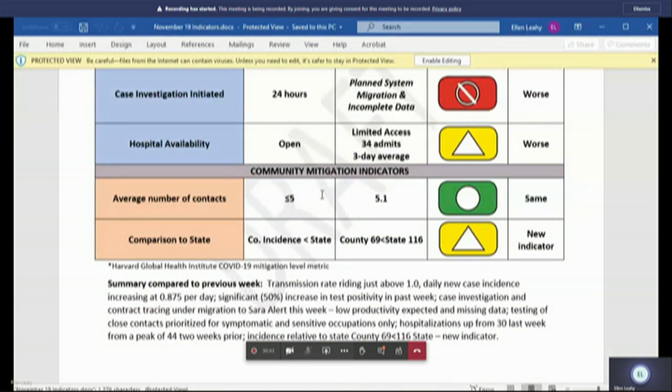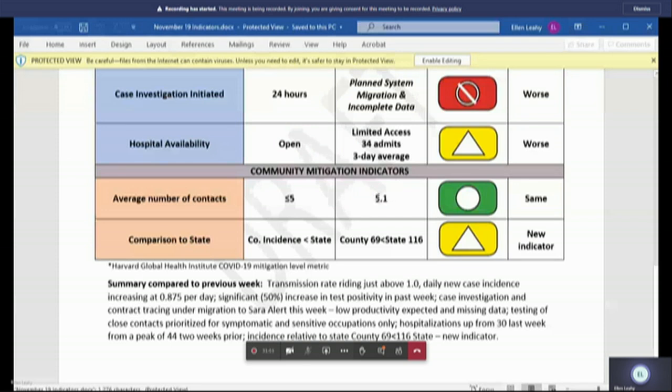And the two that we think show right now the best measurements, instead of the number of complaints we get, which doesn't really tell you exactly what's going on out there, is we have continued to monitor the average number of contacts among everyone who becomes a case, and it is staying around 5. So it goes 4.8 to 5.2, 4.9, 5.1.